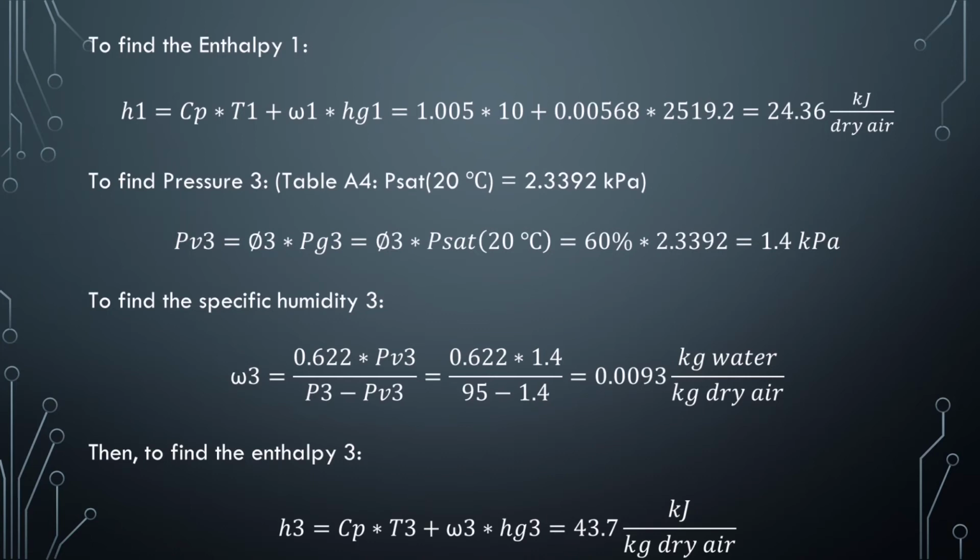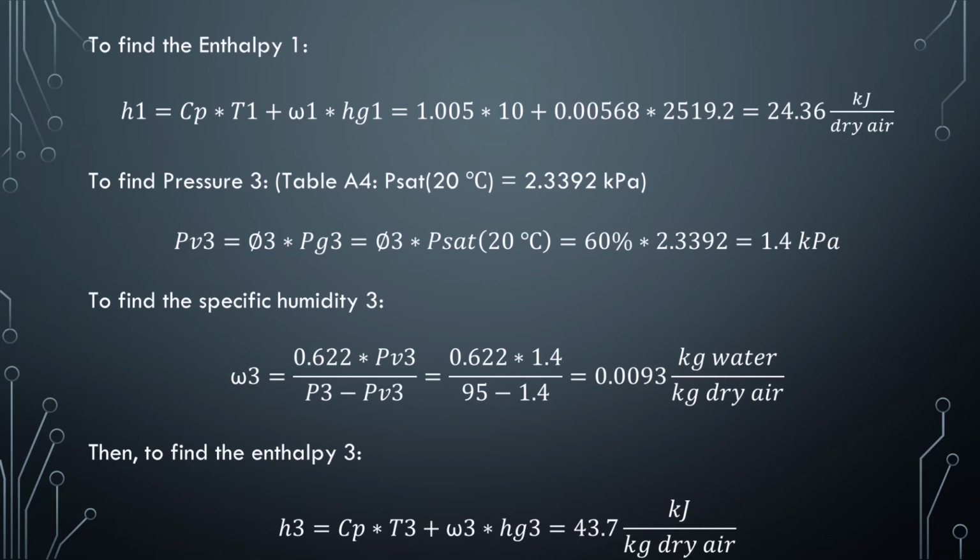To find the specific humidity 3, again this equation, after replacing, but for the state 3, we get 0.0093 kilogram water per kilogram dry air.